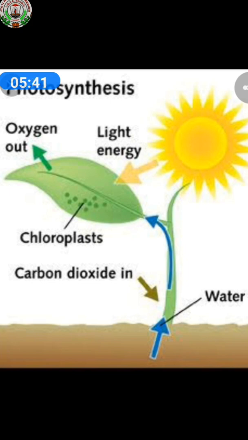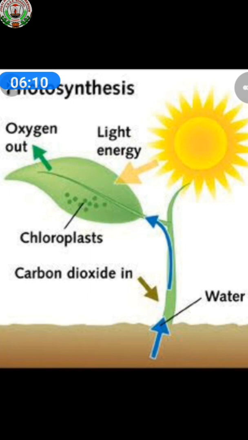Glucose provides energy to the plants. It also helps in the growth of the plant. Extra glucose produced by plants is also stored in the form of starch in their roots, stems, leaves and fruits. So we are eating fruits also, na? We are getting them from the plants.